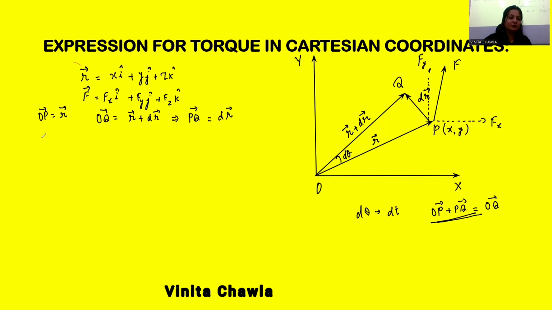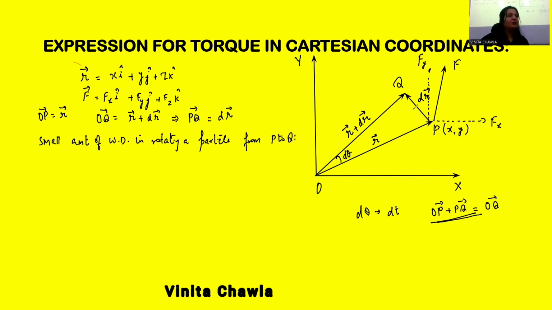Now because we have rotated the particle by this small angle d theta, so small amount of work will be done. So write this: small amount of work done in rotating a particle from P to Q. ठीक है.